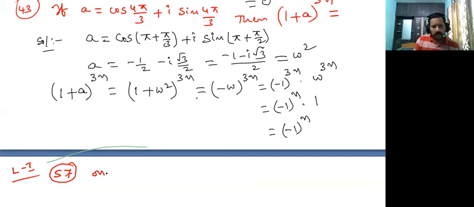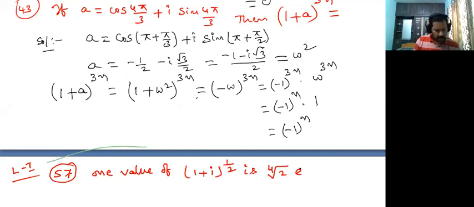One value of (1 plus i) whole power 1 by 2 is fourth root of 2, e power i pi by 8.